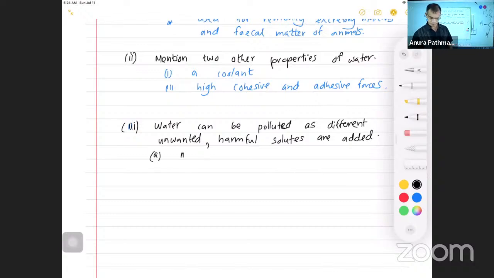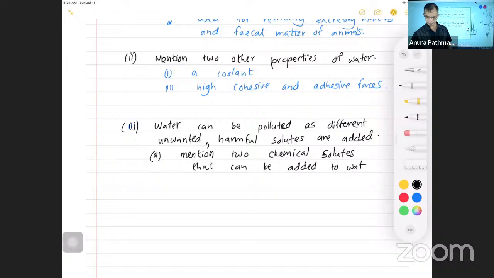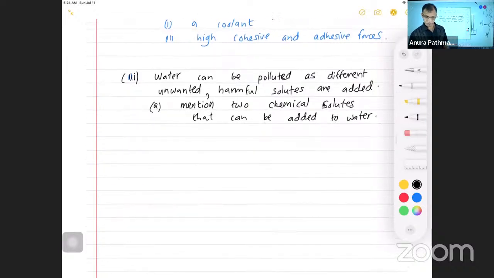Simple A. Mention two chemical solutes that can be added to water.